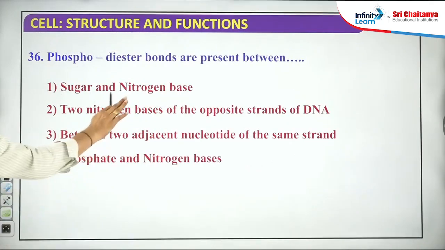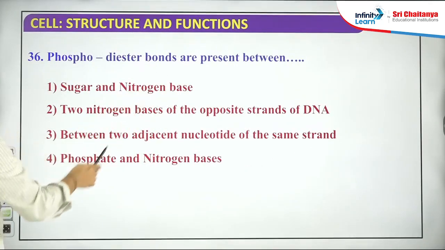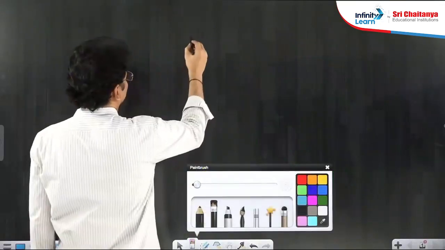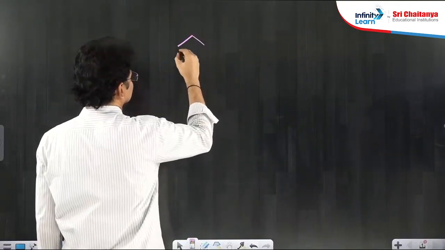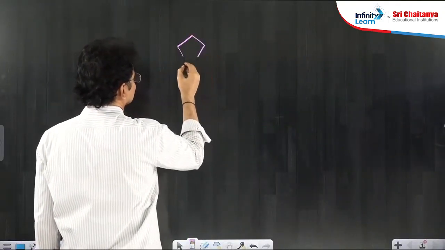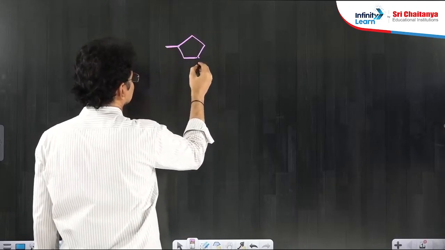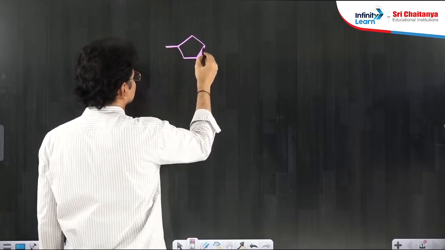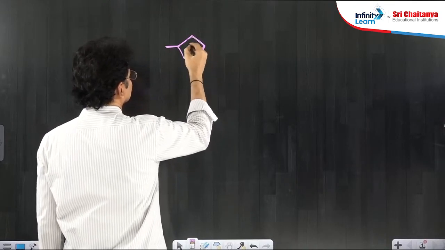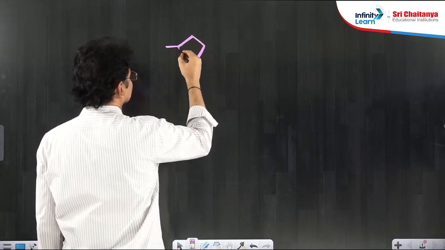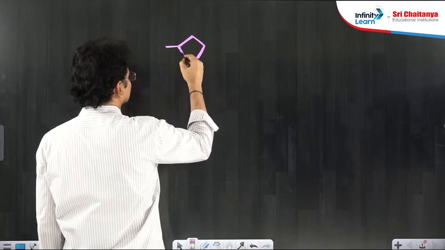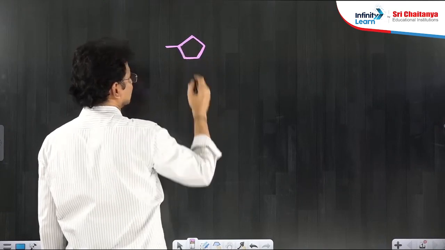First of all, I will explain some content. Later, try to give the answer for this one. I will draw one small structure. Try to guess what is the name of the structure. What is the name of this molecule?